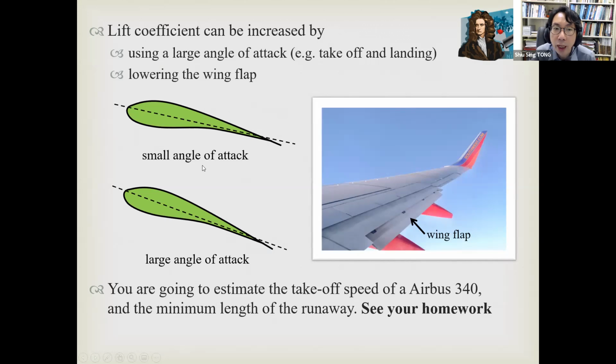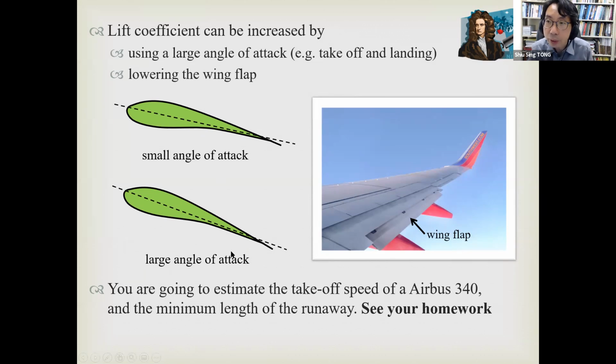The lift coefficient can be increased by using a large angle of attack. The angle of attack is the angle that the wing makes with the incoming air. So if the incoming air goes horizontally, the direction of the wing goes like this. The angle between them is the angle of attack.